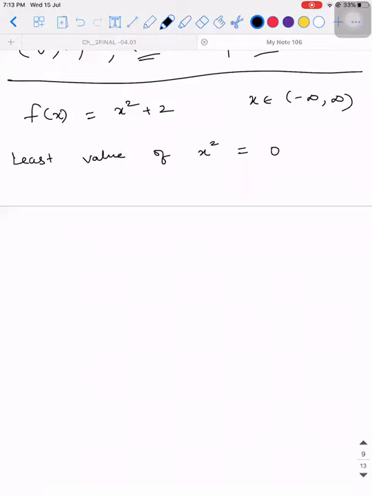Because if you substitute negative values also, what will happen? If I substitute minus 2, the whole square will become positive. So the least value that it can generate is 0. And the maximum value it can generate is infinity. So the least value of x square is 0, which means what will be the least value of x square plus 2?